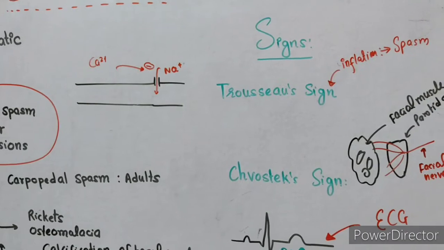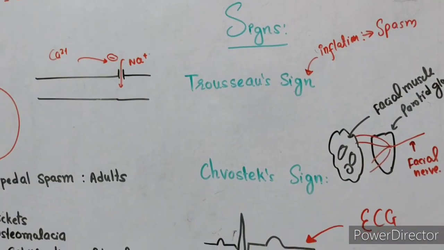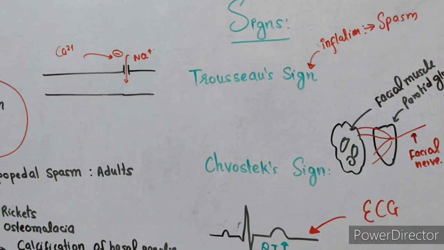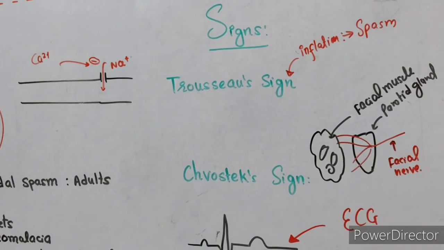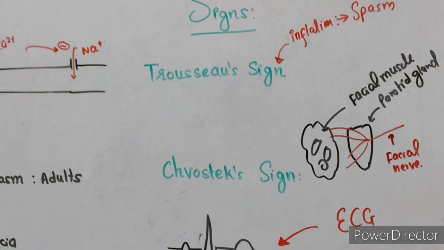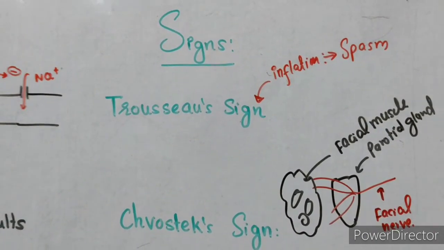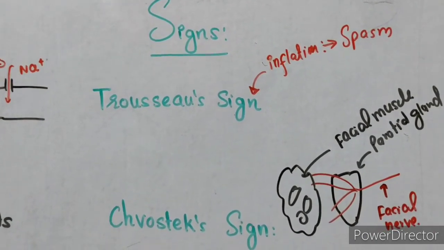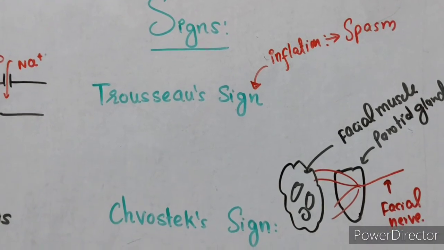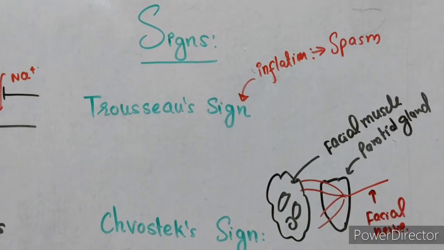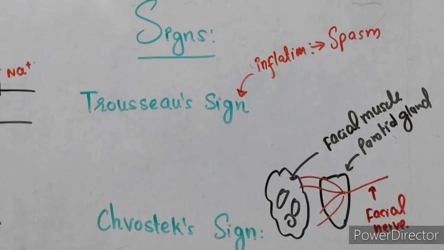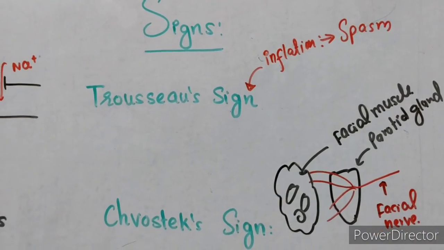To detect latent tetany, that is tetany which has not appeared clinically, there are two signs, Trousseau sign and Chvostek sign. In Trousseau sign, inflation of a sphygmomanometer cuff is done just above systolic blood pressure, and this causes carpopedal spasm within 3 minutes of inflation of this cuff.